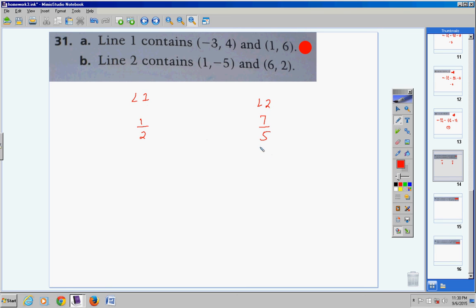How do you know which fraction is bigger? Well, in case you struggle with that, the easiest way to do it is to write both of these fractions with a common denominator. Now, let me stop. Most of you can see that 7 over 5 is 1 2/5, and 1 2/5 is bigger than 1/2. But what if it's not that easy?